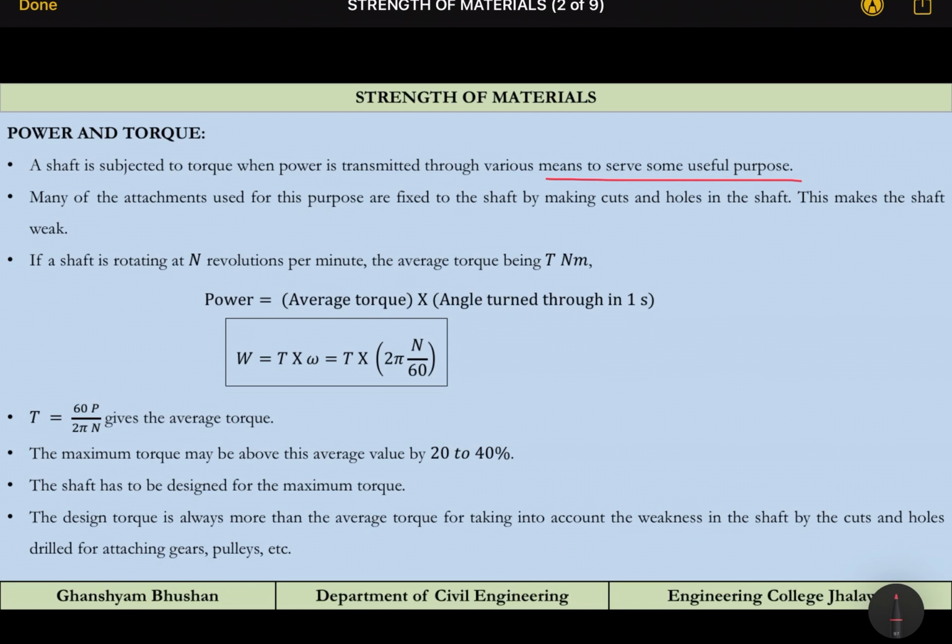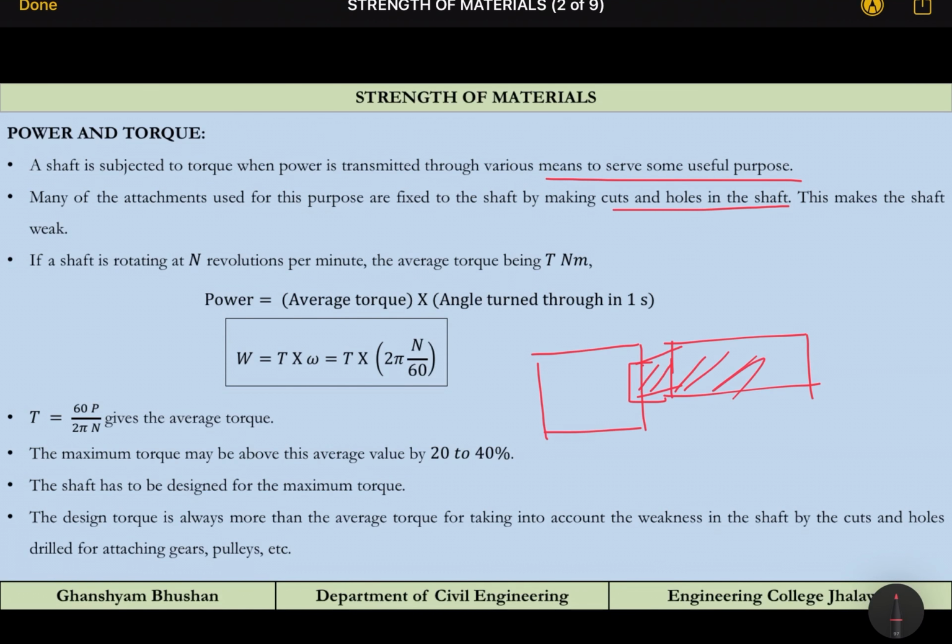Many of the attachments used for this purpose are fixed to the shaft by making cuts and holes in the shaft. Let us say this is one shaft, this is another component. How can we fix them? We can make a hole here and fit them.